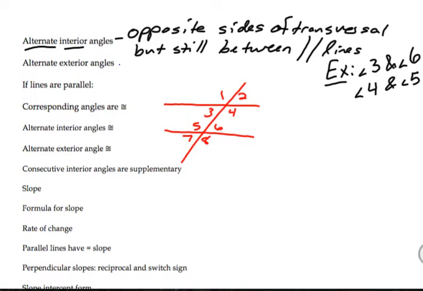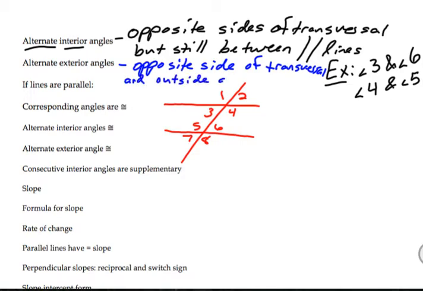Alternate exterior. So opposite side of transversal and outside of parallel lines.